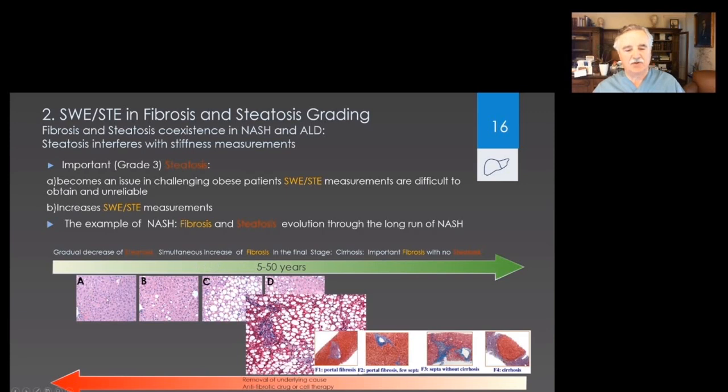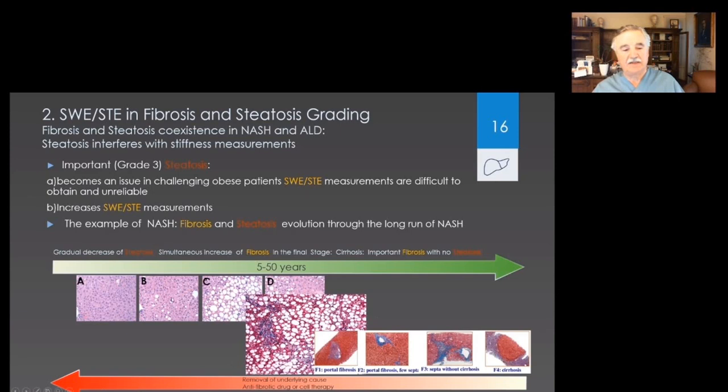Starting from the normal liver, small quantity of fat in the liver, important quantity of fat in the liver. This is a crucial point where fibrotic tissue starts to evolve in the tissue parenchyma.